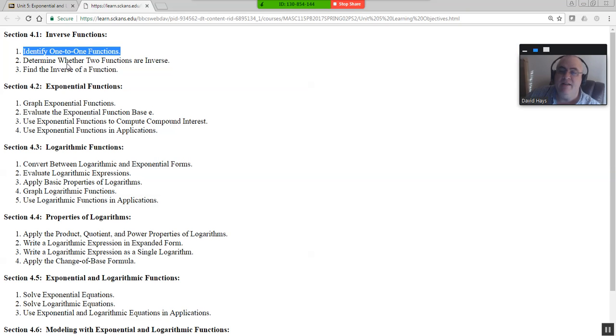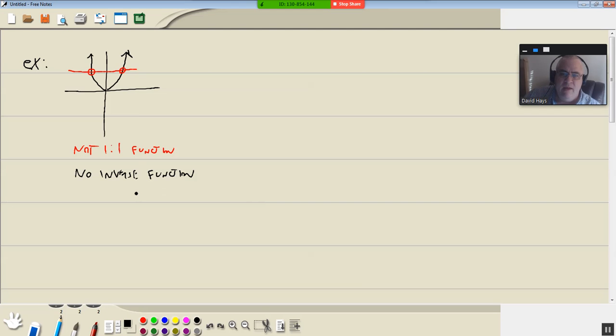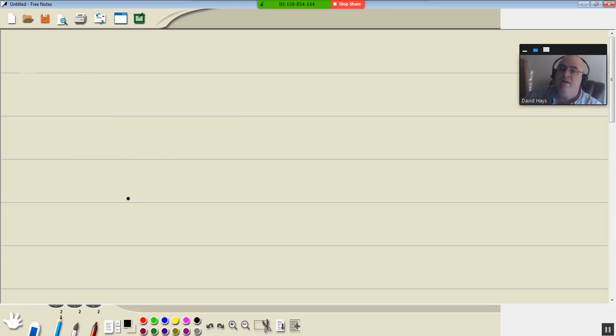Now the second item here says determine whether two functions are inverse. And let me make up an example here. First, let's take a look at the graphical definition of an inverse. Then we'll take a look at the algebraic.